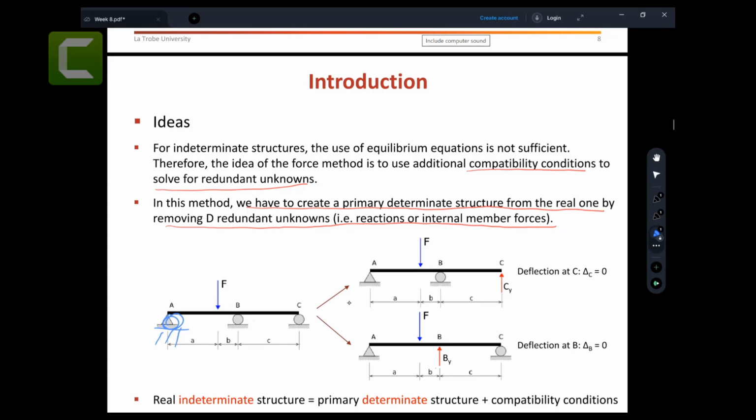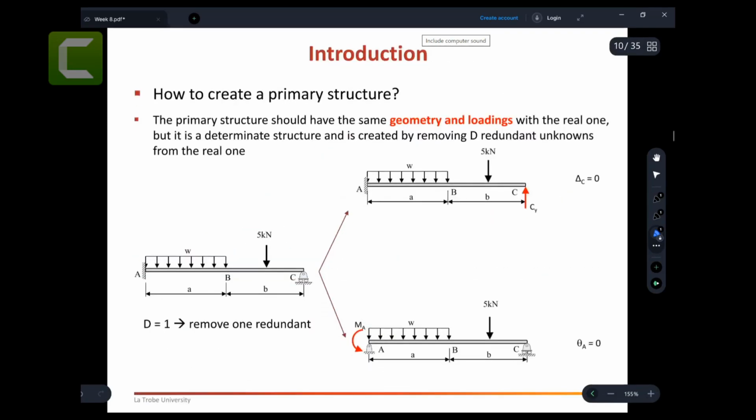Let's not remove these two supports, but make this one a roller. Then this becomes a skateboard, you know. A beam cannot be a skateboard, it's just moving. So this becomes an unstable structure. So keep in mind that when you make your structure determinate by removing the redundant force, you are making sure that the structure is stable. That's the one rule that you need to follow.